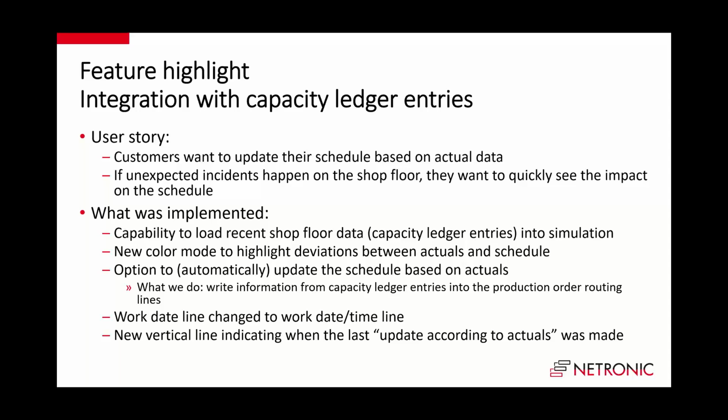And then we have the option to automatically update the schedule based on actuals. What we do is we write the information that we find in the capacity ledger entries into the production order routing lines, so that, as we show everything from the production order routing lines, the production order routing lines mirror the information from the capacity ledger entries.